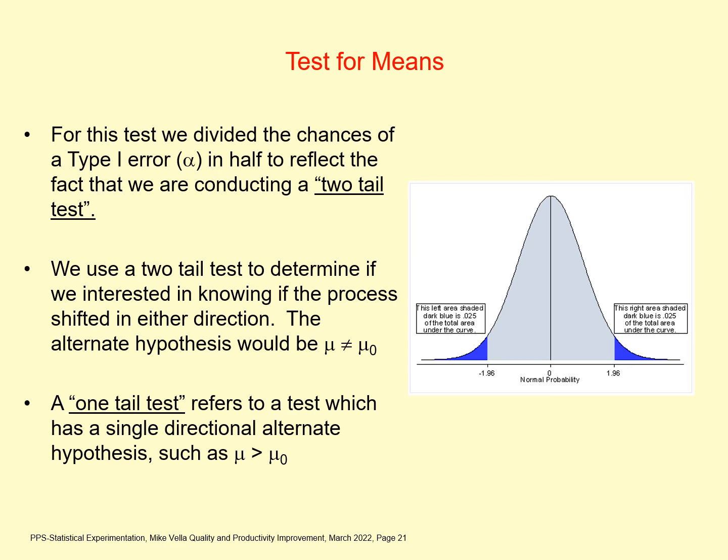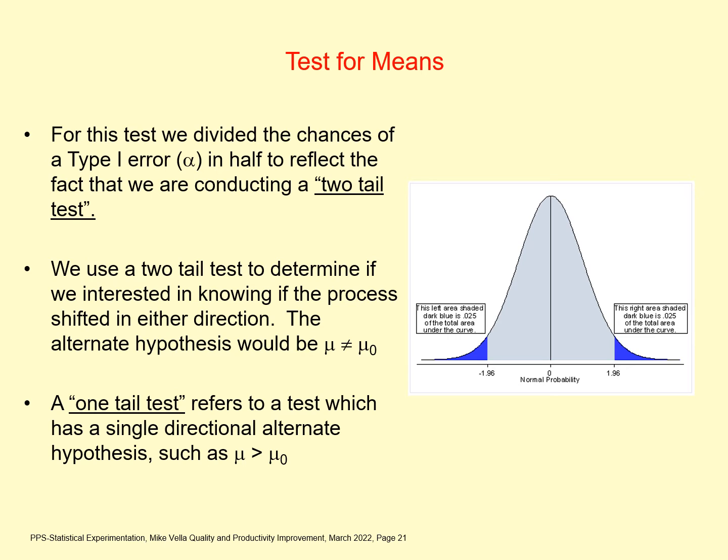So as you recall, for this test, we did divide the chances of the type 1 error in half to reflect that we are conducting a two-tailed test. We use the two-tailed test to determine if we're interested in knowing if the process is shifted in either direction.